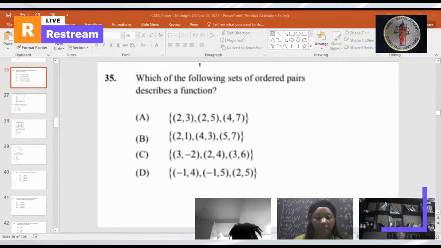Same for C. The 3 is going to -2, and the 3 is also going to 6. Miss, for D, negative one is also a one to many, right? Yes, miss. For D, the negative 1 is going to 4 and 5. So that is one to many.